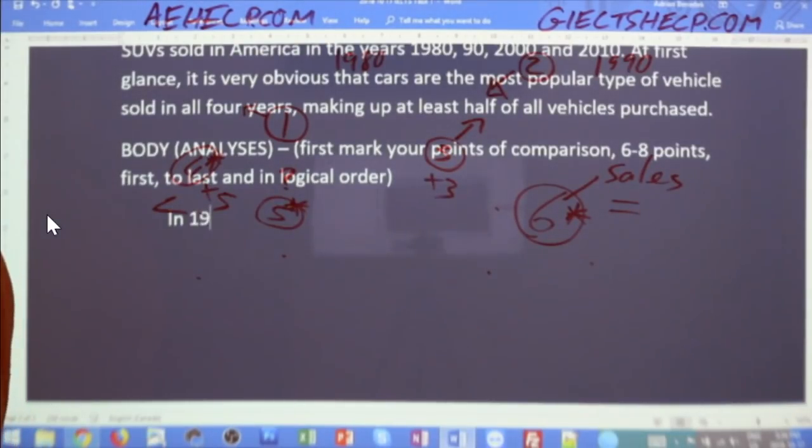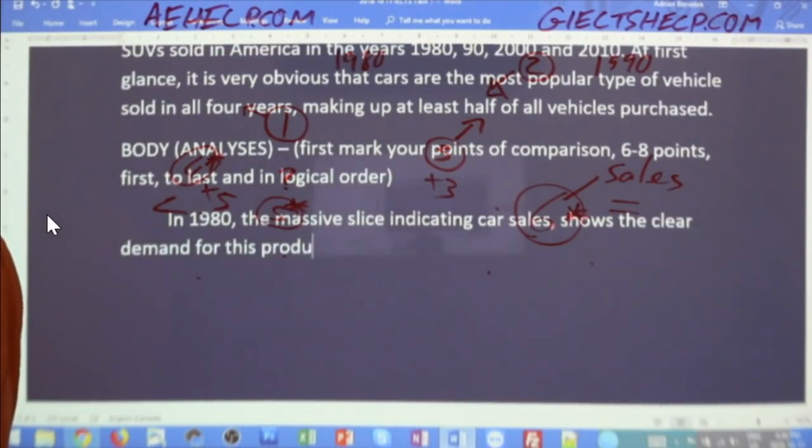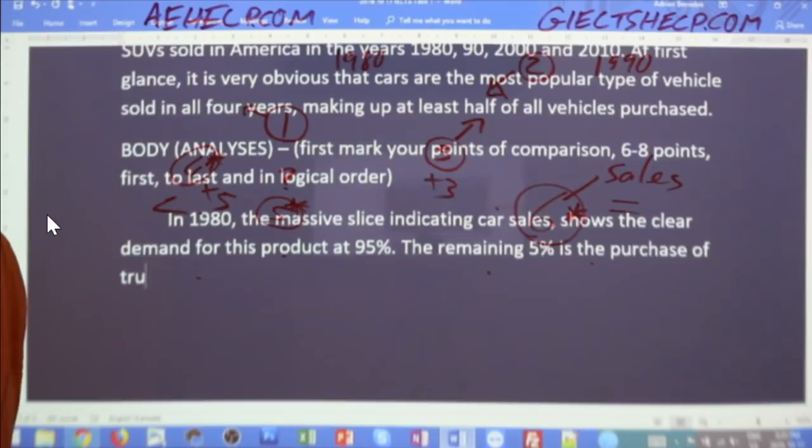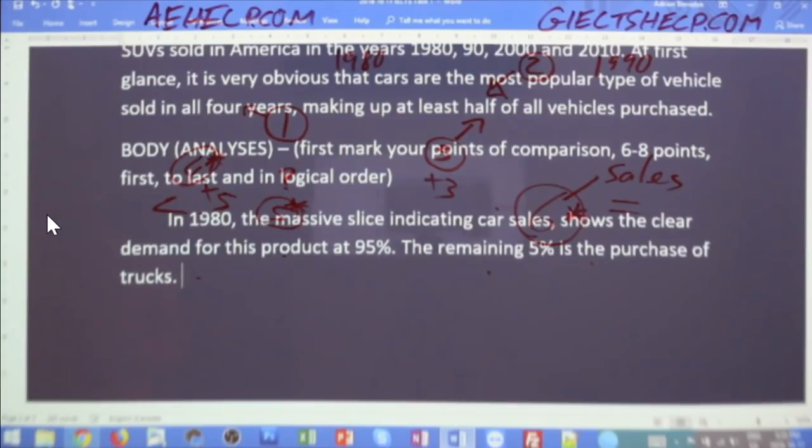So in 1980, the massive slice indicating car sales shows the clear demand for this product at 95%. If you want, say the remaining 5% is the purchase of trucks. That's my point number 1.